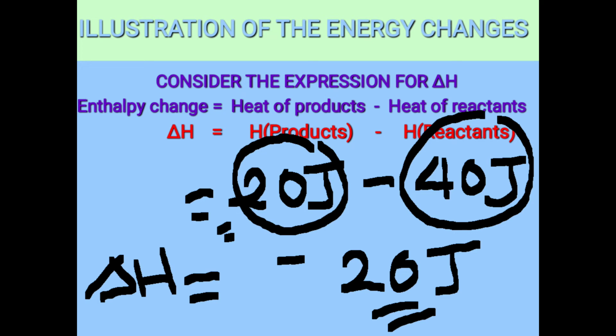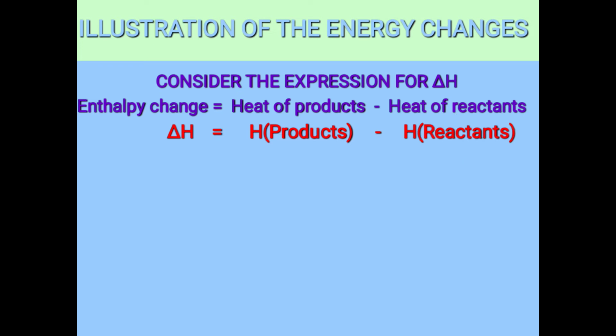Okay, let's look at another incidence. Consider now, if you have reactants at the start of the reaction, you had 20 joules at the start of the reaction. The reactants had 20 joules.